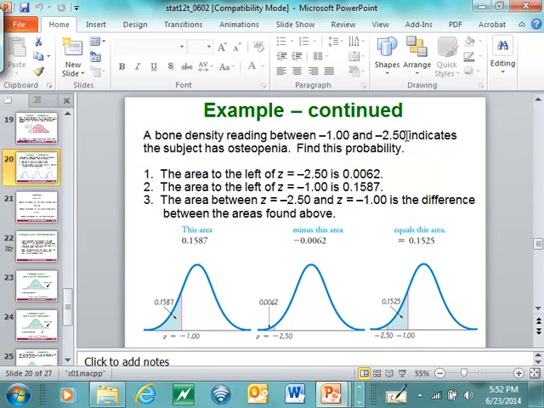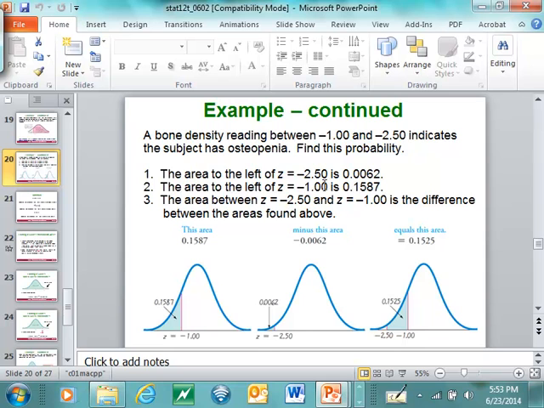Now, if we're going to use a table, then what we need to do is find the area to the left of -1.00, which we already have, and the area to the left of -2.50. And then subtract the big area minus the small area, in order to get the area under the curve between the two z-scores.